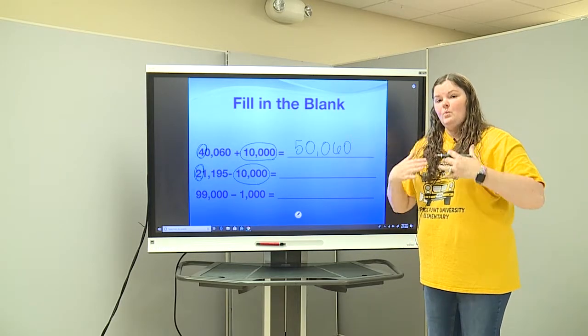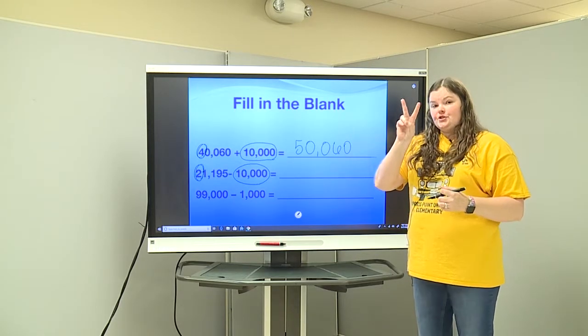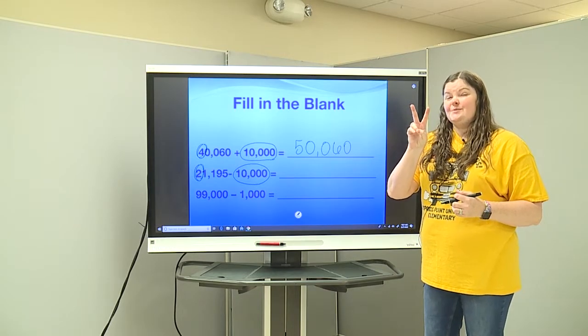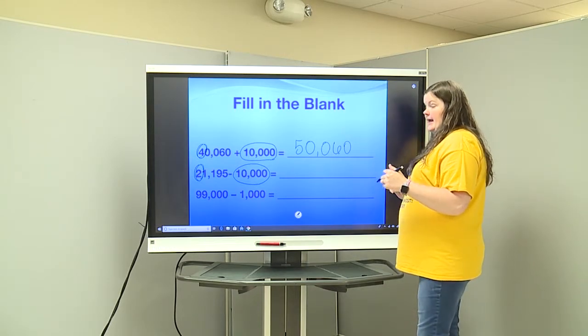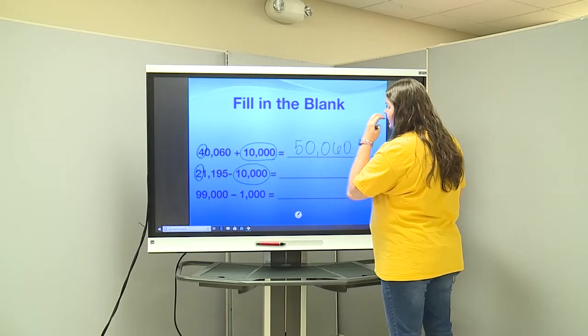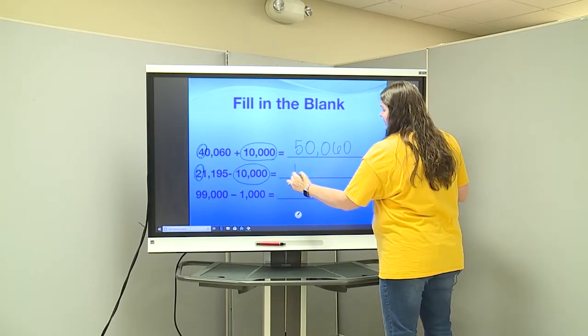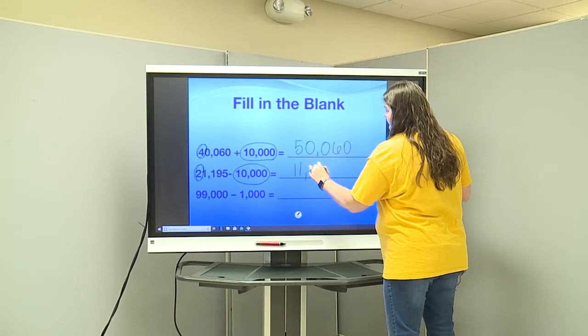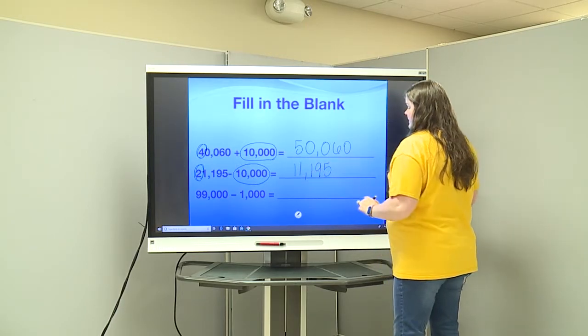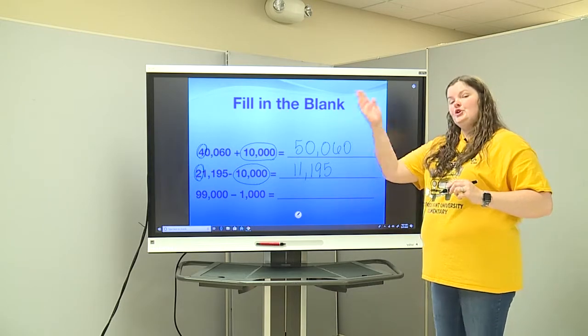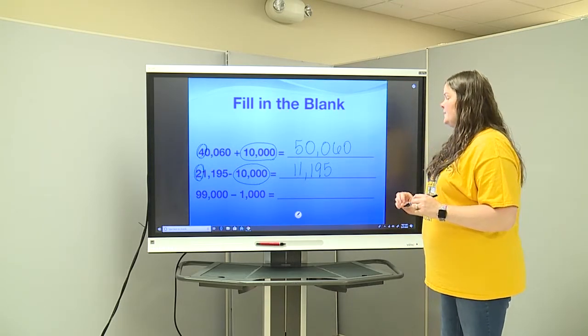If I'm going to take away 10,000, that 2 is going to become smaller. It's going to become a 1. So 21,195 minus 10,000 leaves us 11,195. Again, just took away from that 10,000s place.